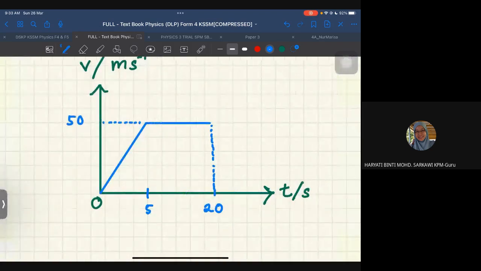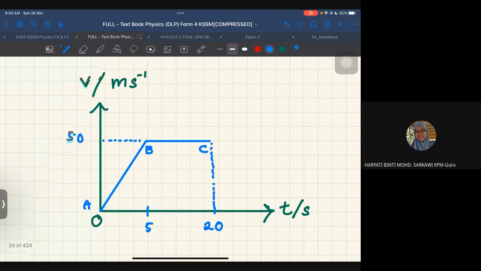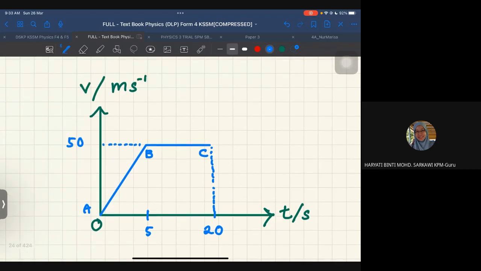Now, if I label this as A, B, C, which part of the graph has a constant gradient? Constant gradient. Where's the constant gradient? Is it AB or BC? You need to imagine how you run on the track.